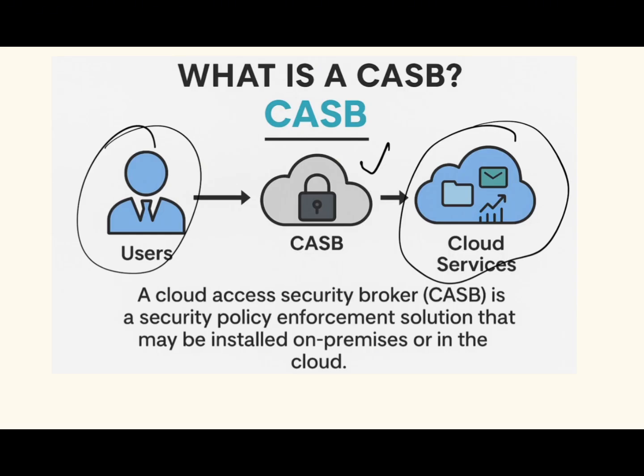It works as a gatekeeper between users like employees and cloud apps like Office 365, Google Workspace, Salesforce. Key functions: visibility, data security, stop data leaks, threat protection, stop risky behavior, compliance, meet regulatory needs.